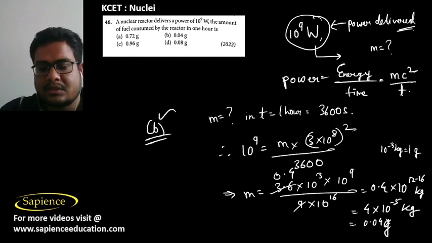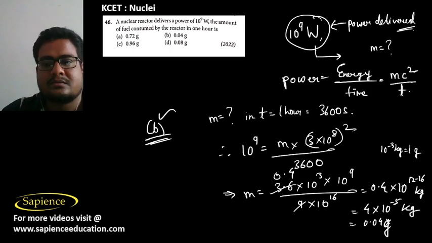Option B is the correct answer. 0.04 gram of fuel is consumed in 1 hour.